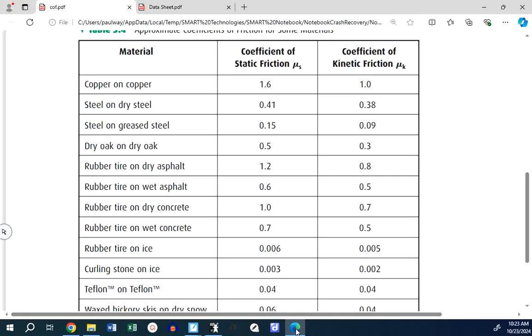It's 1, which means if the normal force is 100 newtons, it's going to have a force of friction of 100 newtons. If you look at something like a curling stone on ice, if you've ever curled, you know those curling stones are heavy, right? But it doesn't take much to get them to move. It's 0.002, which is 0.2%. Whatever the normal force is, the force of friction is only 0.2% of that.